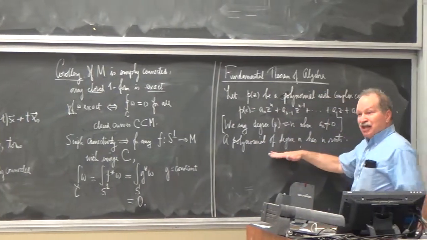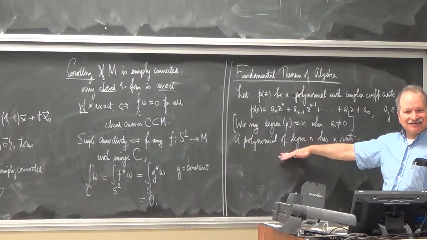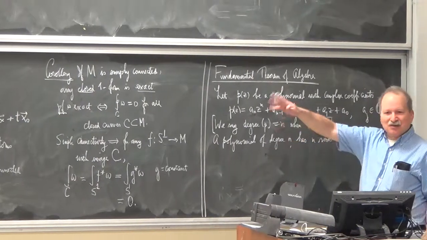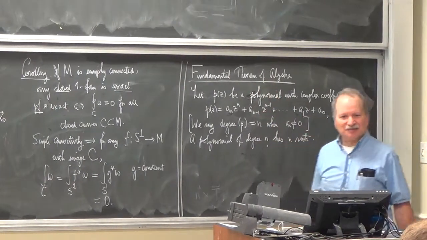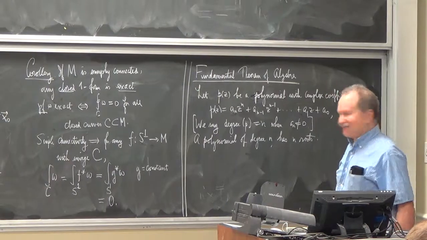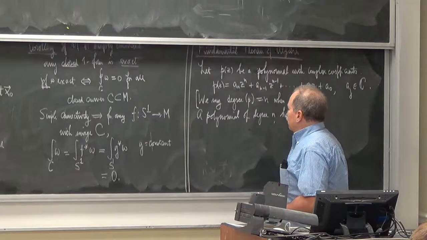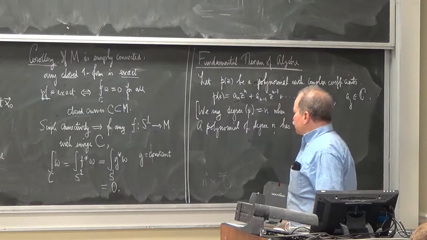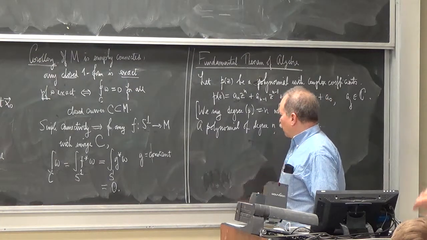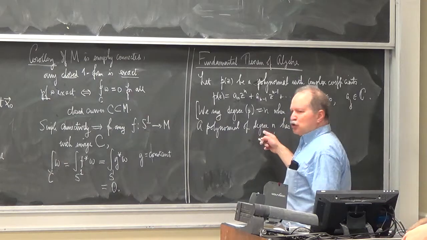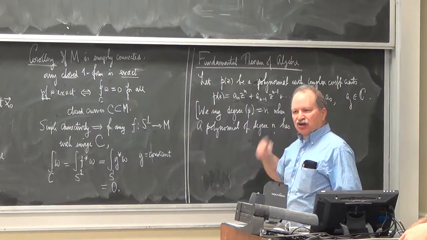All right, so I want to actually give you a proof of this based on all the stuff we've been doing with homotopy and Stokes' theorem. By the way, the standard proof, and I'll just do the standard proof as well here, although I want to say a bit more, is that you show it has one root and then you do an induction argument.